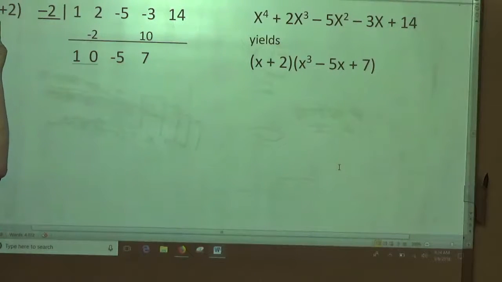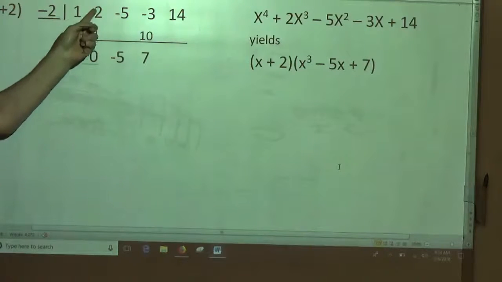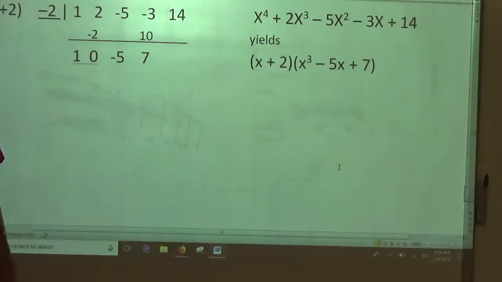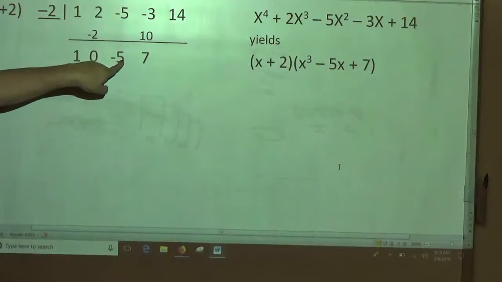That means the binomial is x plus 2, so that the x is negative 2 to make the 0. So negative 2 times 1 is negative 2. Add them together, get 0. What is negative 2 times 0? 0. Okay, so when I put it there and add, I get negative 5.